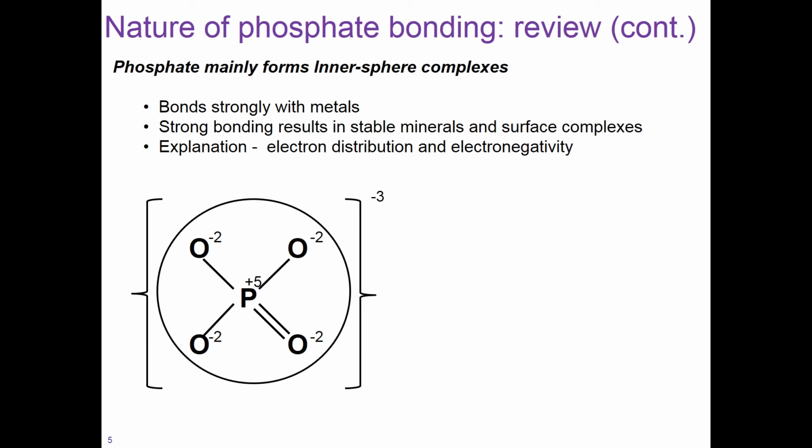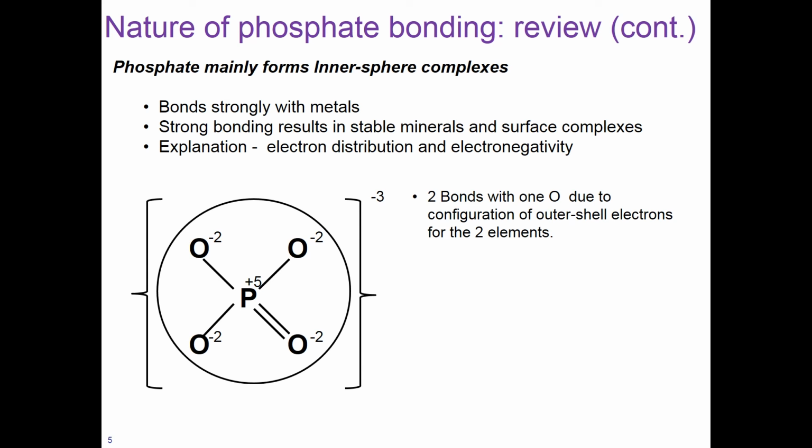Here is a depiction of a phosphate anion, negative 3. The phosphorus is 4-fold coordinated, tetrahedrally coordinated, with 4 oxygens. There are 2 bonds with 1 oxygen due to the configuration of the outer shell electrons for phosphorus and oxygen.